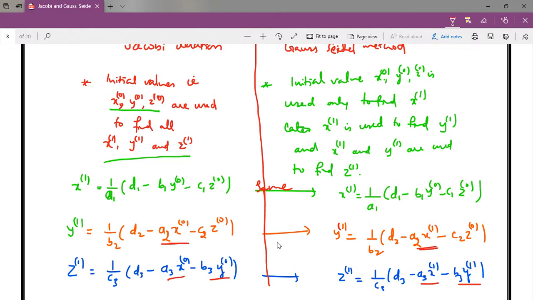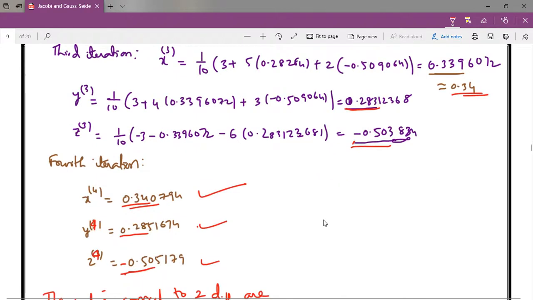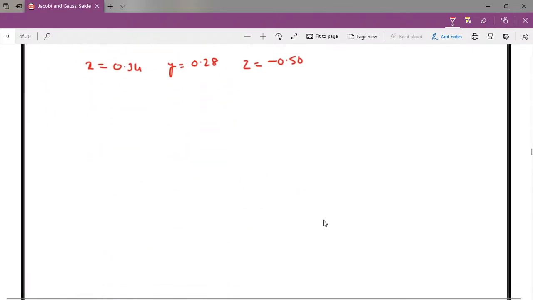So you can find a significant difference here. But z0 is the same. While finding z1 in Jacobi, we are still using the initial values x0, y0 and z0, whereas in Gauss-Seidel, we are using the latest roots x1 and y1 in finding z1. Okay, so if this difference is understood, then both methods can be used for solving a system of linear equations in a single question.